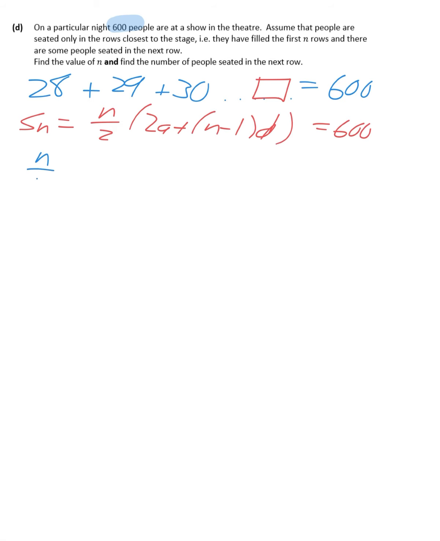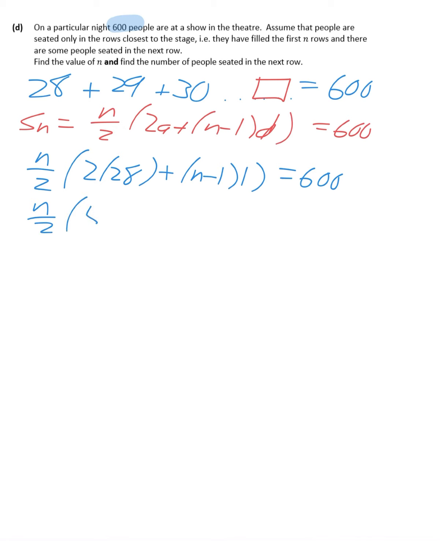So I'm going to have n over 2, times a, that's going to be 28, plus n minus 1, and the difference is 1. Okay, so you have n over 2, 56 plus n minus 1. So again, n over 2, 55 plus n is equal to 600.